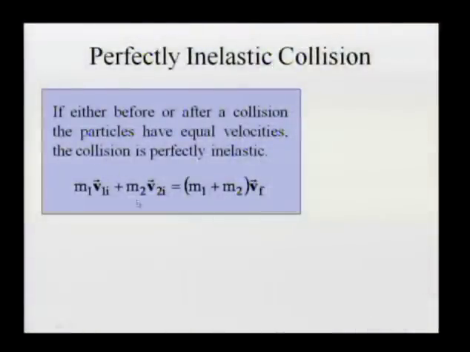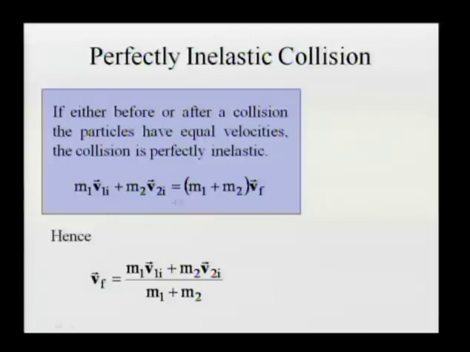Well, we find that momentum has to be conserved. It relates the final velocity with the initial velocities of the two particles. So we can find out that the final velocity depends on the initial velocities in such a way. This is a collision in which the initial velocities were different and the final velocity is the same. You could write down a similar equation for the other situation.